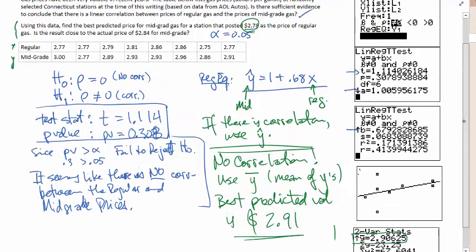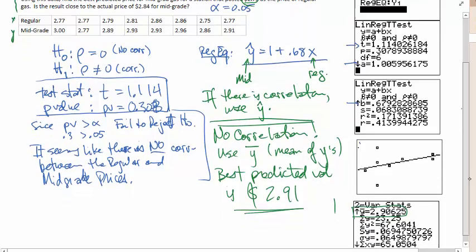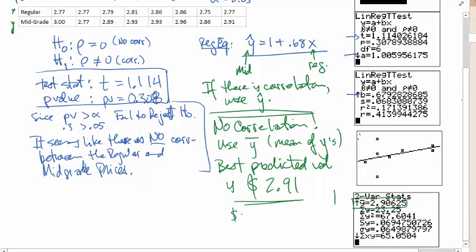Okay. Now this has another follow-up question. Is the result close to the actual price of $2.84 for mid-grade? So $2.84 is the actual price that this gas station must have posted for their mid-grade. You can see that it's fairly close.